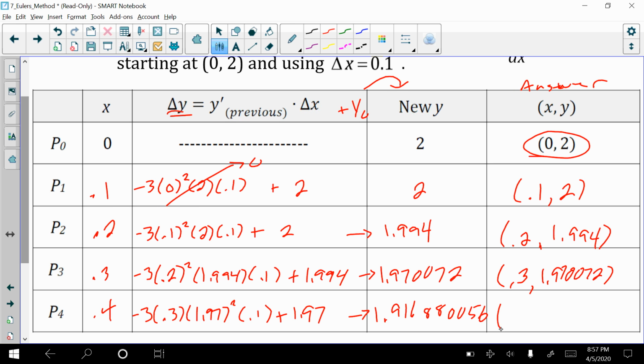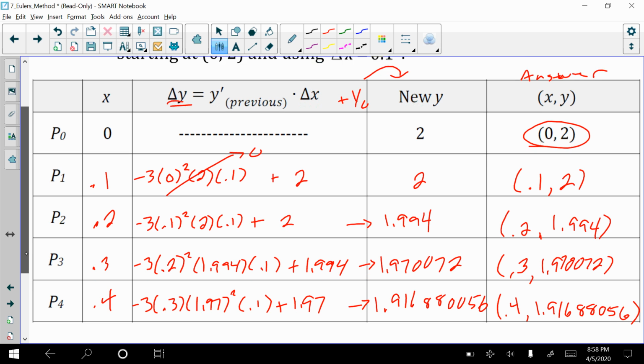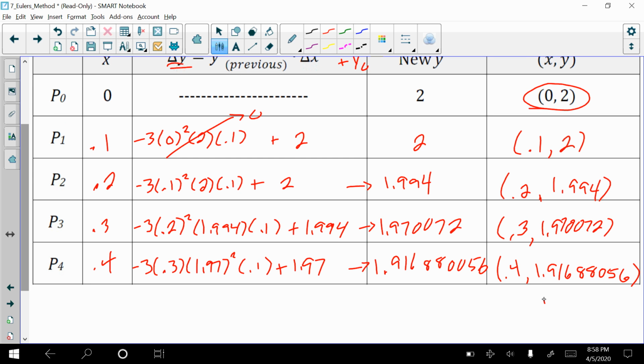So my final solution here, if we were asked what the x and y values of the fourth step are, you could say that x is 0.4 and y is 1.916880056. And that essentially is how Euler's method is performed.